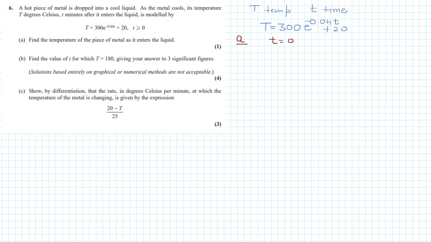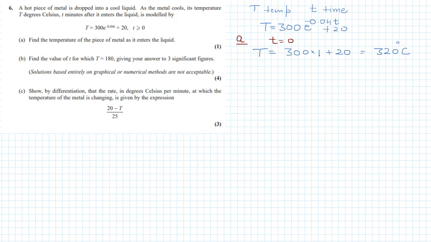So the temperature will be 300 e to the power 0, which is 1, plus 20. So that is 320 degrees Celsius.